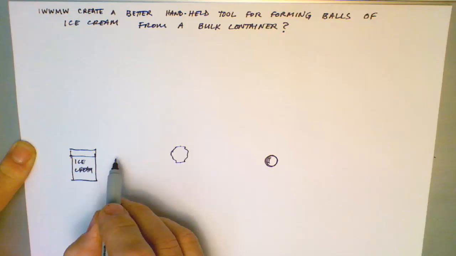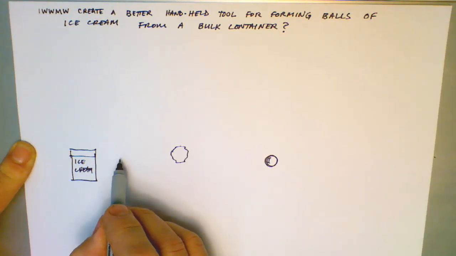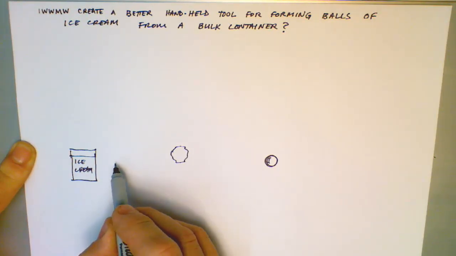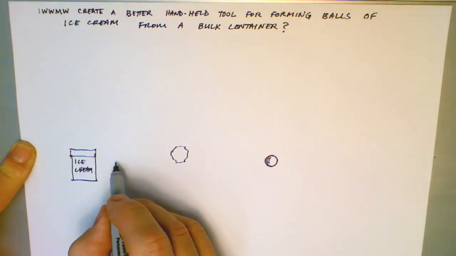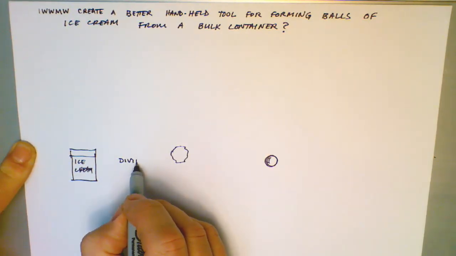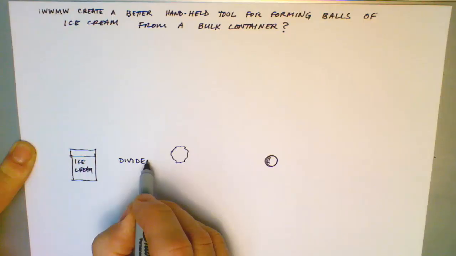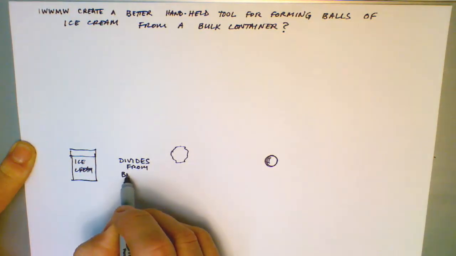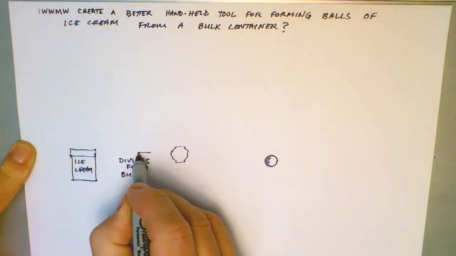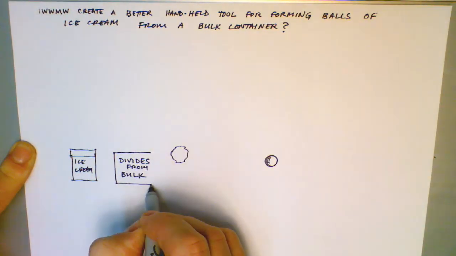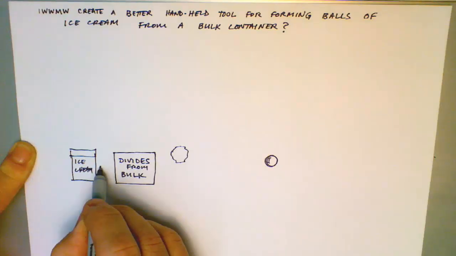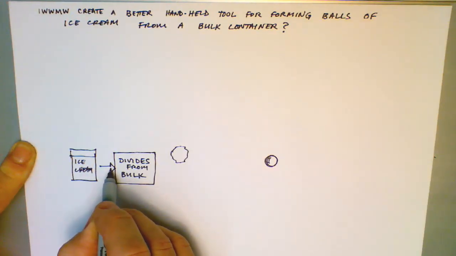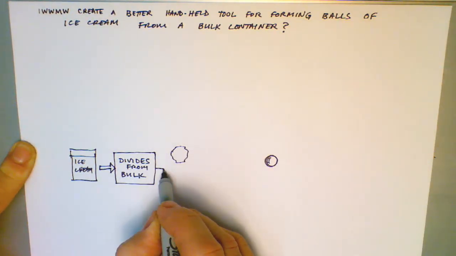And so if you want to think about it functionally, the first thing that happens here is an ice cream scoop divides from bulk. So it takes the bulk ice cream and it divides it from the bulk.